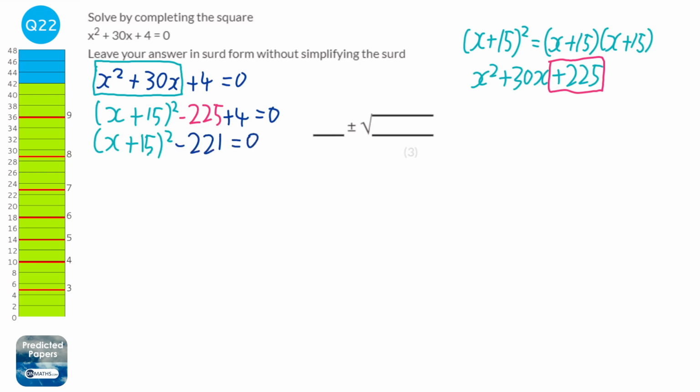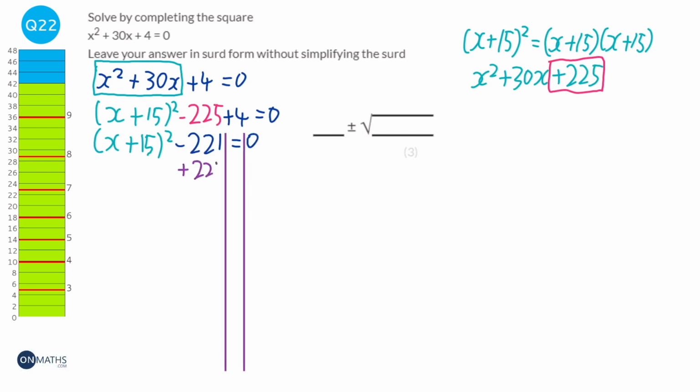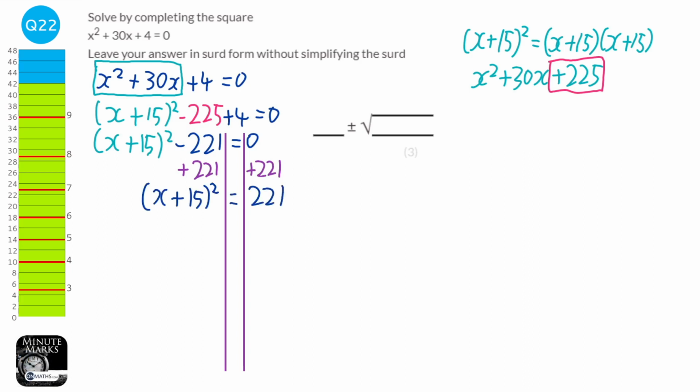Right, let's get our lines in because we're going to solve this now. And the first thing we're going to do is add 221 to both sides. And so that will be the x plus 15 squared is still there on the left hand side equals 221. Then we're going to square root both sides to get rid of that squared.